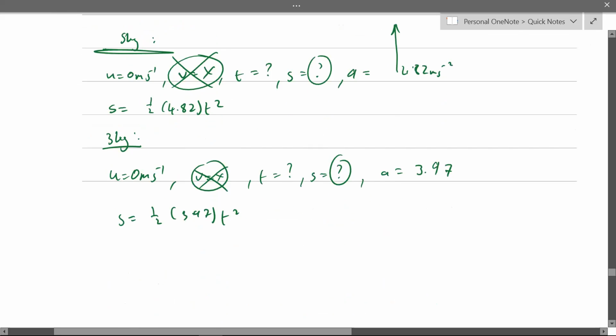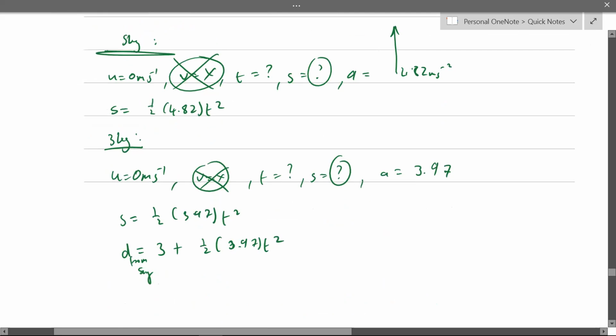So that's why we add 3 meters to this. I'll just rewrite it as distance from 5 kg block. So half 3.97 t squared.